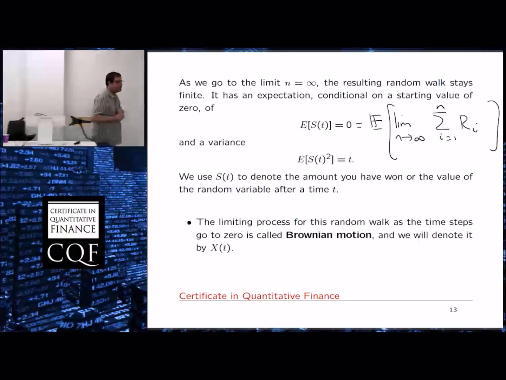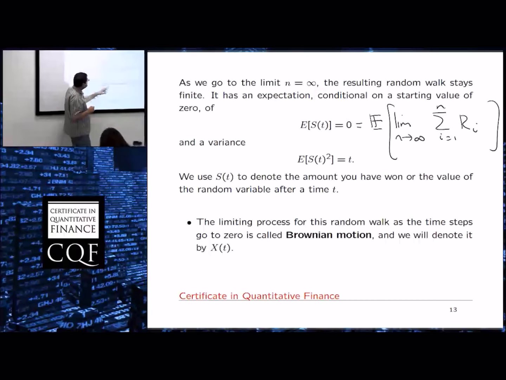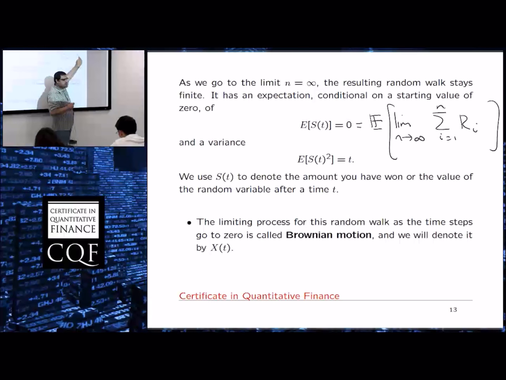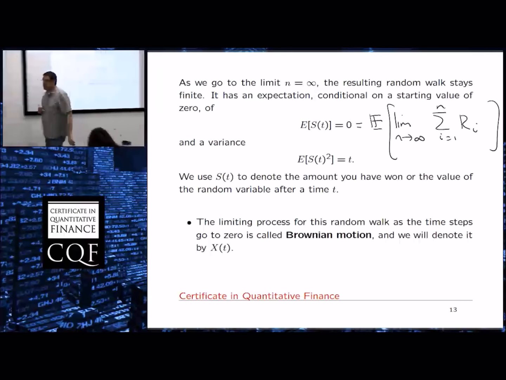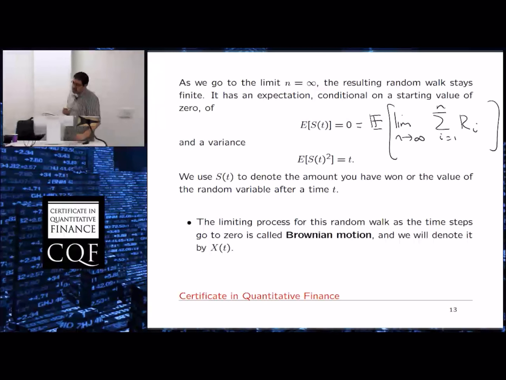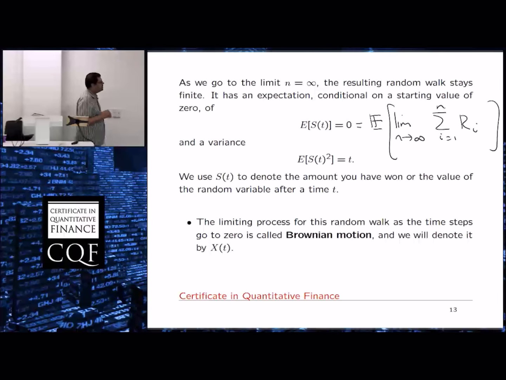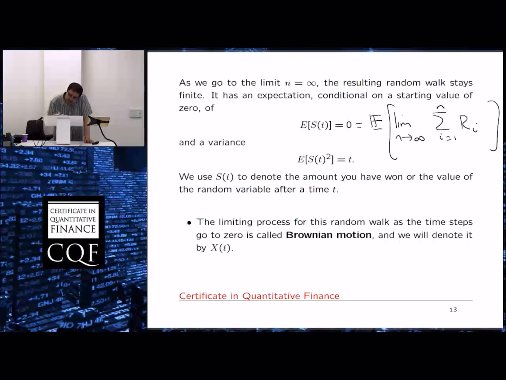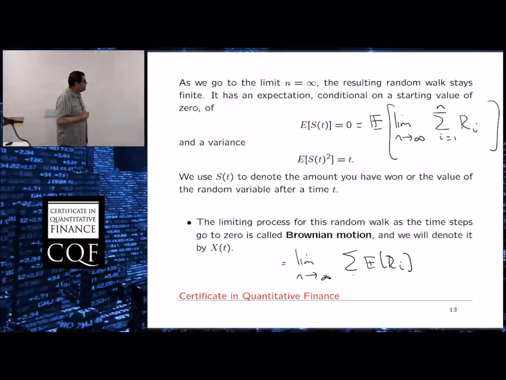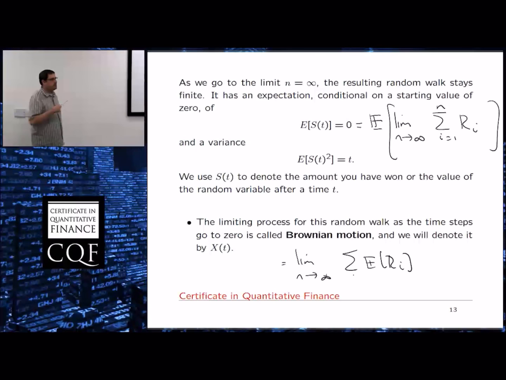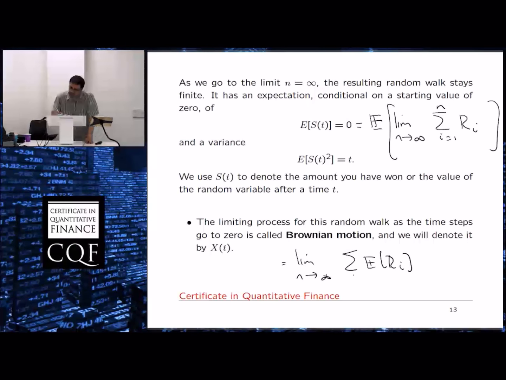Remember, we know what the bet size is: it's plus or minus root t over n. Now, let's do a bit of calculation. I can take the limit out of the expectation sign, and take the expectation inside. What does that summation equal? Well, the expected value is 0, so it doesn't really matter how you take the limit.